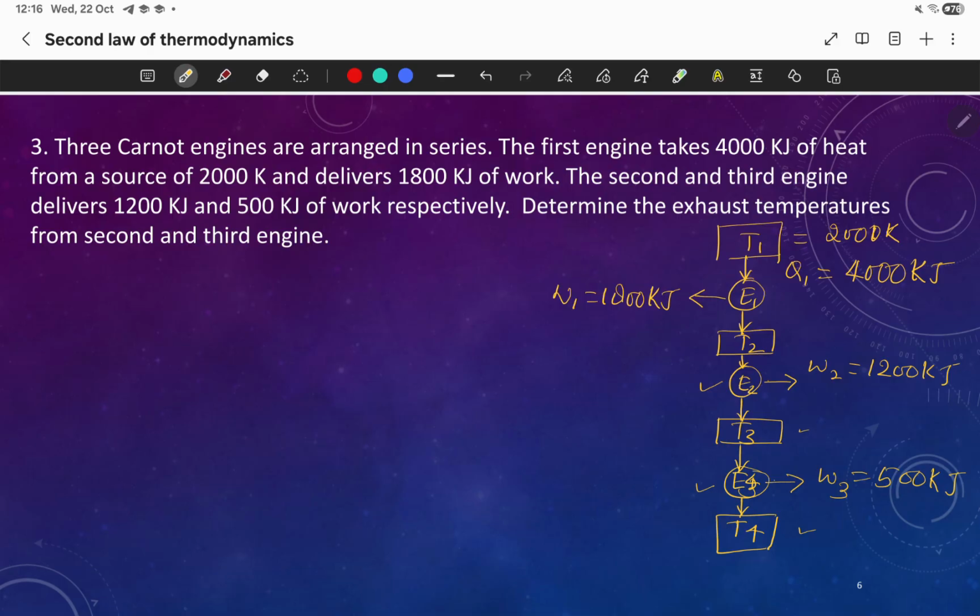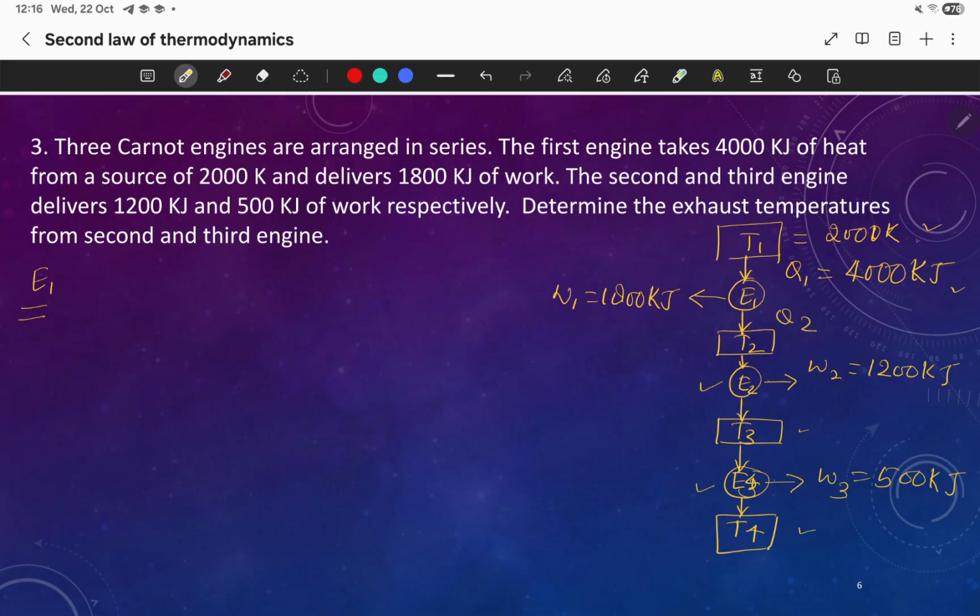As we have learned earlier, first write the quantities given, which we have already written. Then for heat engine 1, just write the energy balance equation. This is Q1, and let's write Q2.